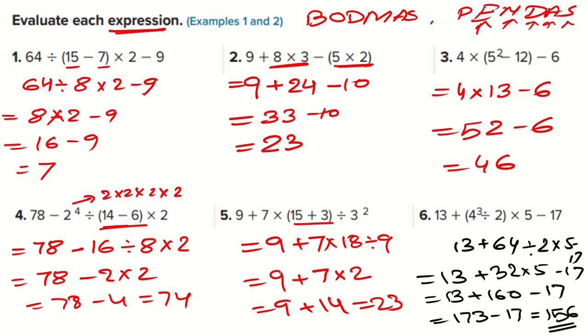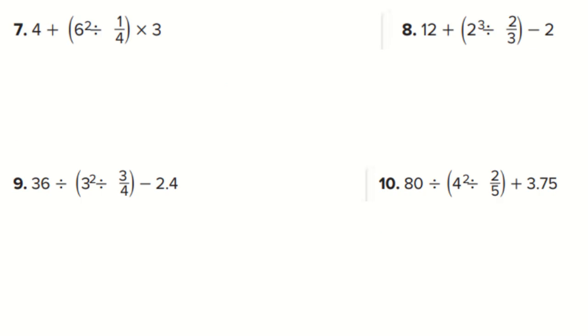Okay. Now same type of question. This is 4 plus 6 to the power 2 means 36. Now students, I have told you in other videos that if after division you have a fractional number, then what will you do? Division will be converted into multiplication and the fractional number will be flipped.